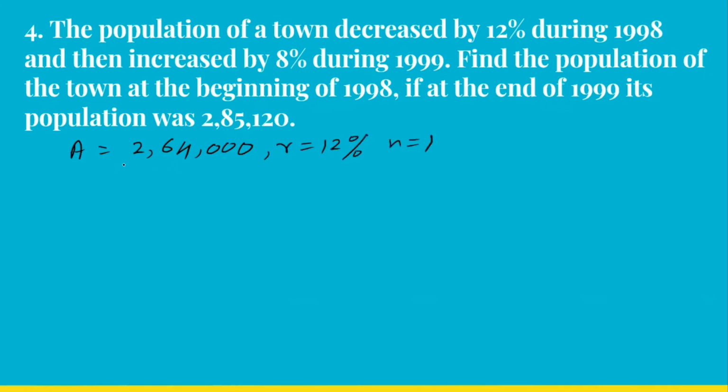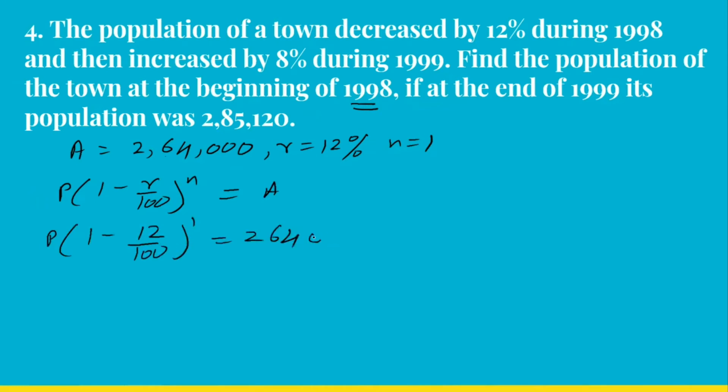So now we have to find the population of the town in the beginning of 1998. At the end of 1998 it was this. So at the beginning of 1998, we have to find P. So P in bracket 1 minus R upon 100 raised to n is equal to A. Let us put the values: P in bracket 1 minus 12 upon 100 raised to 1 is equal to 2,64,000. 4 3s are 12, 4 25s are 100. 25 is the LCM, 25 minus 3 is 22.